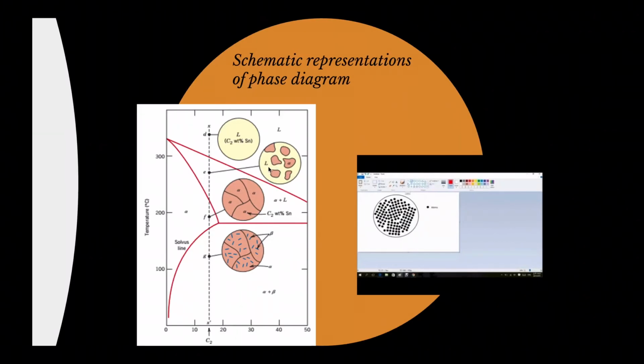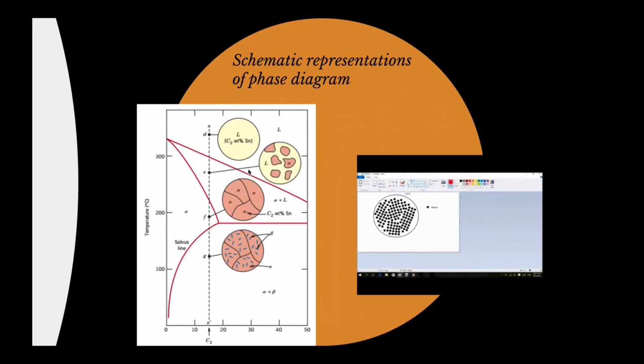So we have the L phase, and we have alpha here. From this line, if the point crosses this line here, alpha grows. There is a nucleation; we call this nucleation.